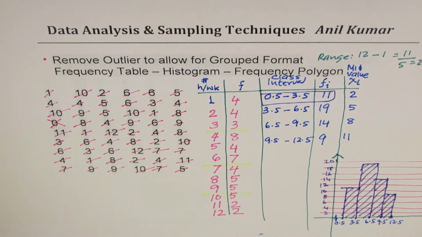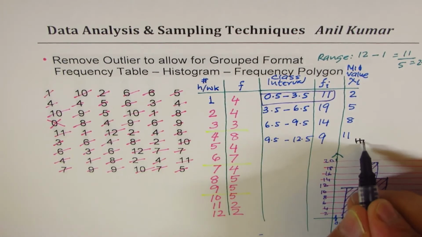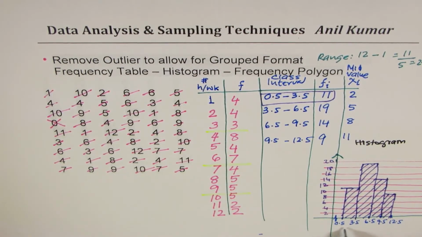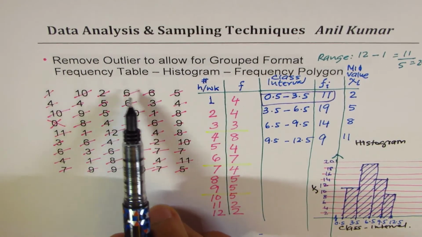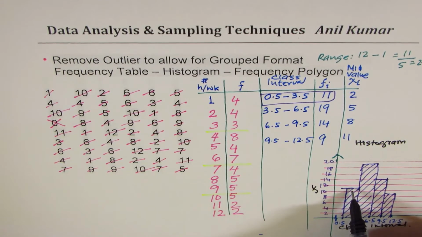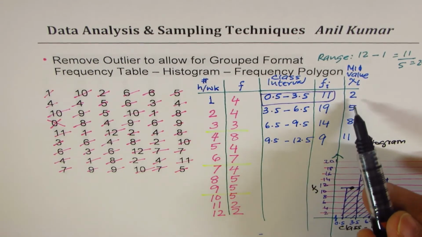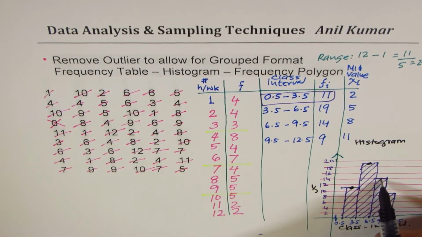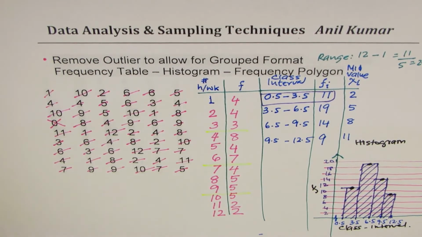So what we have done here is produce the histogram for the given data, right? So the histogram represents this class interval with each frequency. Now to make a frequency polygon, we look at the middle values, which are 2, 5, 8, and 11.